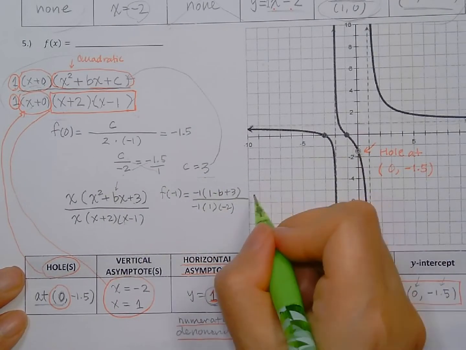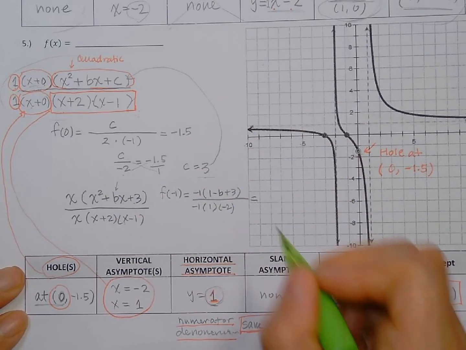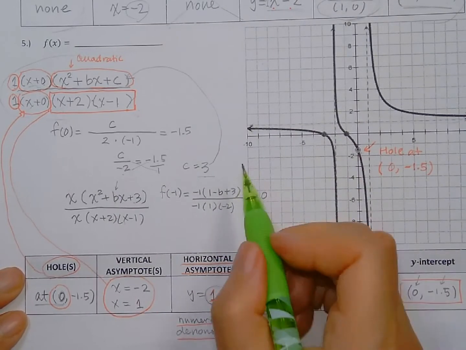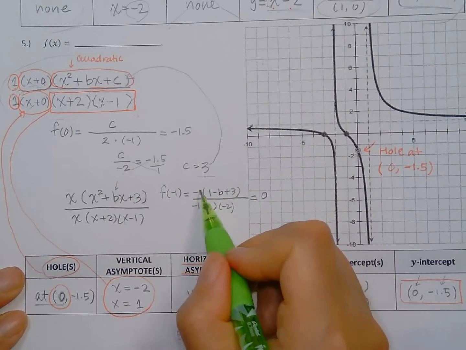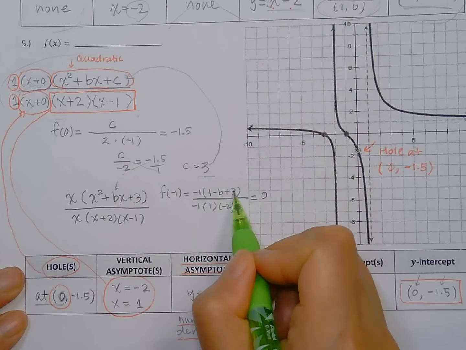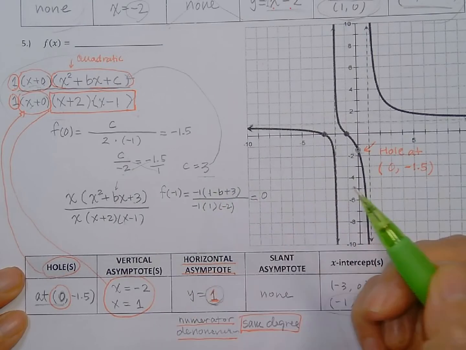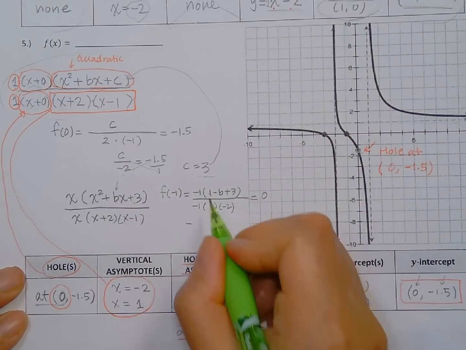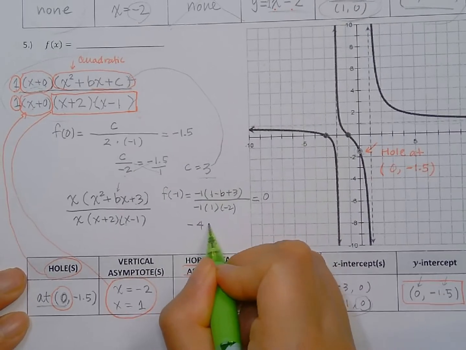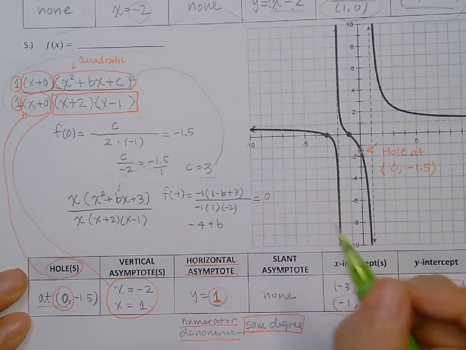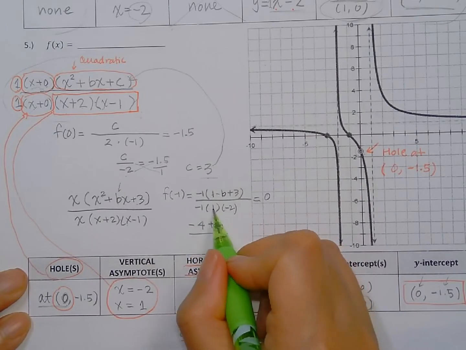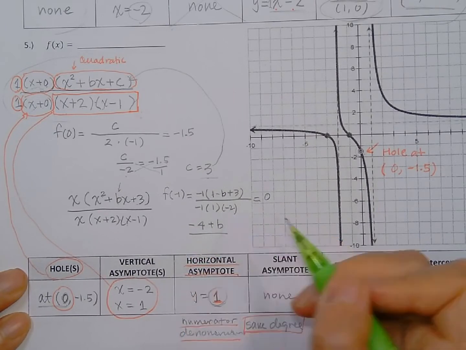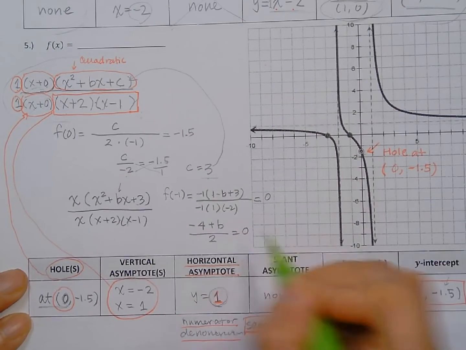And then that was supposed to be equal to what? 0. So then this is -1 times 4 minus, so then it's -4 plus b over -1 times 1 is -1. -1 times -2 is 2.